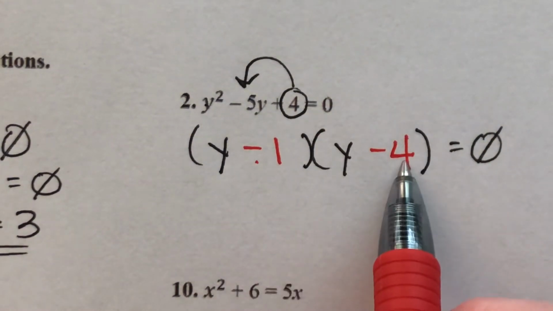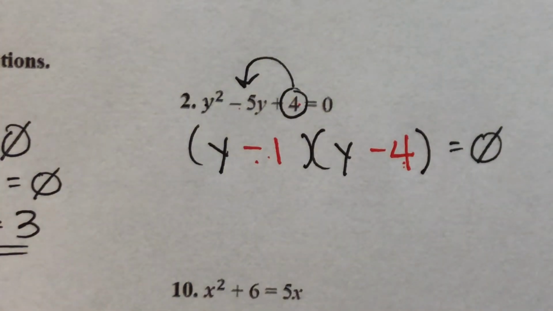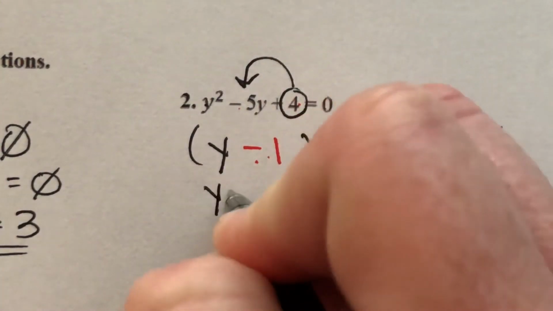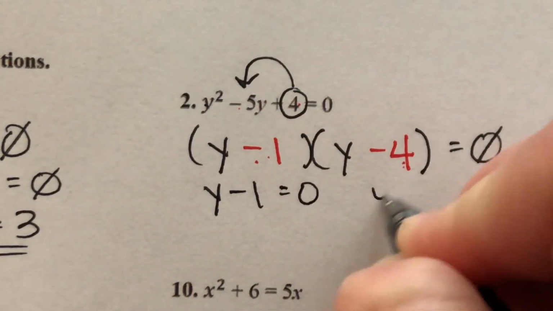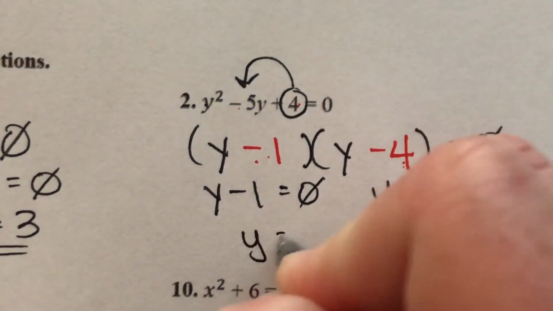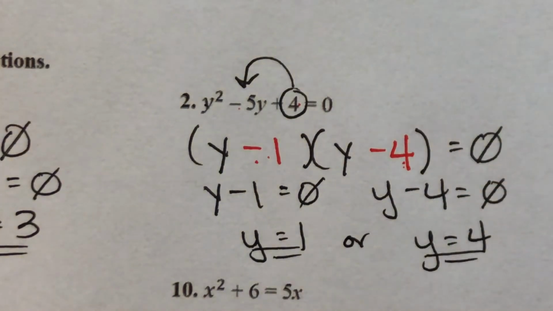Negative 1 times negative 4 is positive 4. Negative 1 plus negative 4 is negative 5. So then I set each set of parentheses equal to 0. So y would equal 1, or y would equal 4.